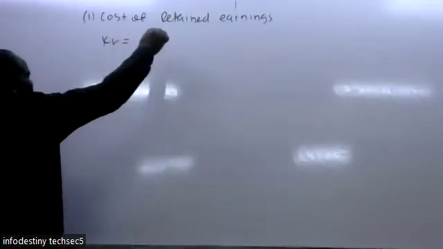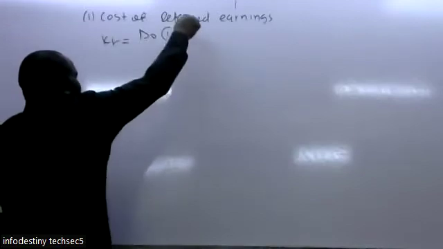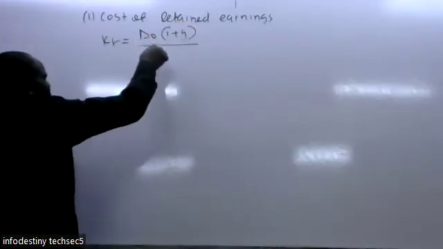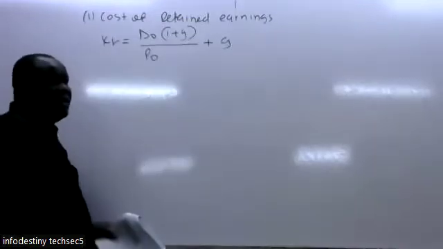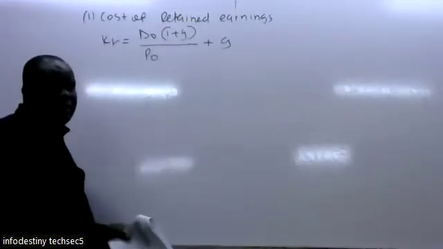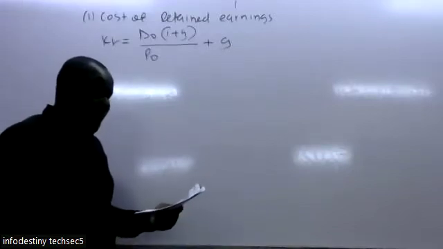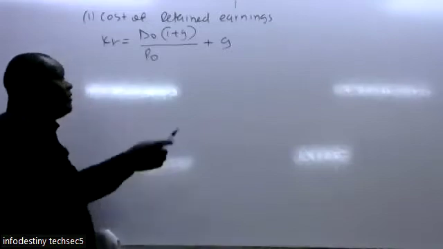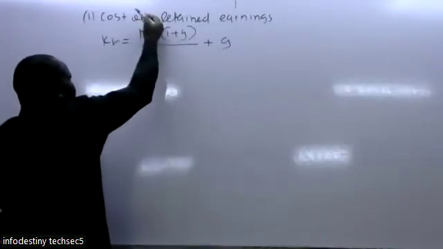So KR is supposed to be given by D0 (1 plus G) divided by P0, then we add G. In our class yesterday, we said that D0 is the last dividend that was paid. So that should be now the dividend in the year 2015.